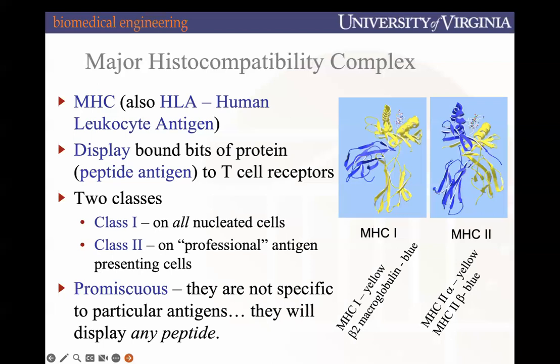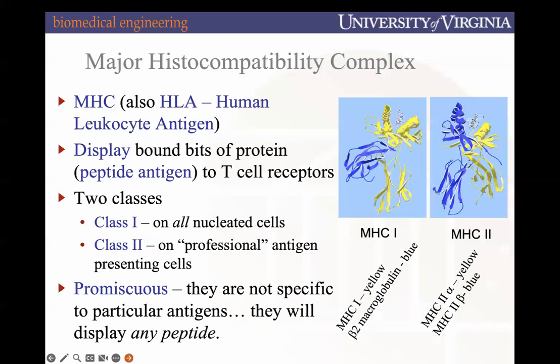With MHC class 1, our cells are constantly displaying what is within them in case they might be infected or there might be some sort of issue internally with the cell, particularly as it might relate to cancer biology. And so MHC class 1 is going to be displaying a lot of internal components that come from within our cells, whereas antigen-presenting cells with MHC class 2 are engulfing things outside of themselves to display what they've eaten.